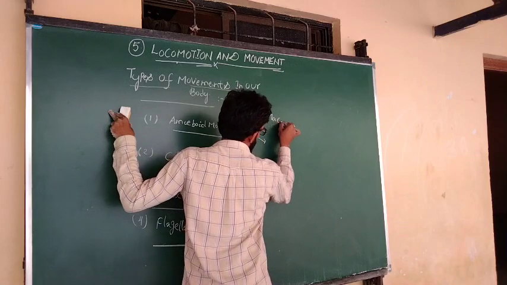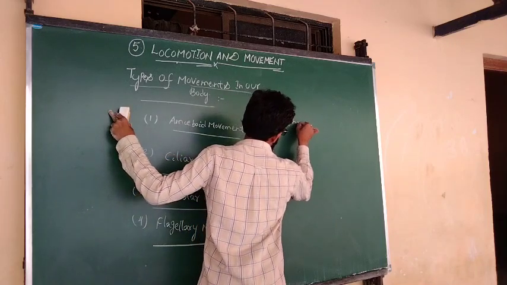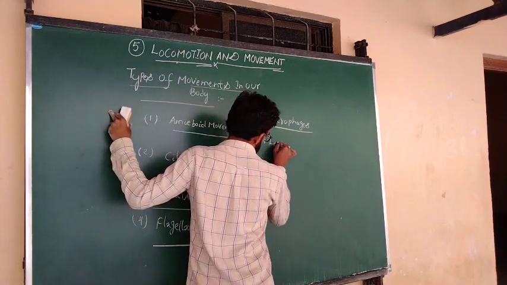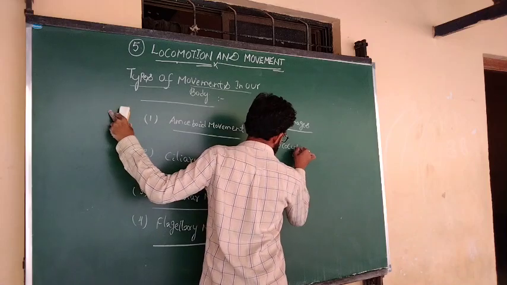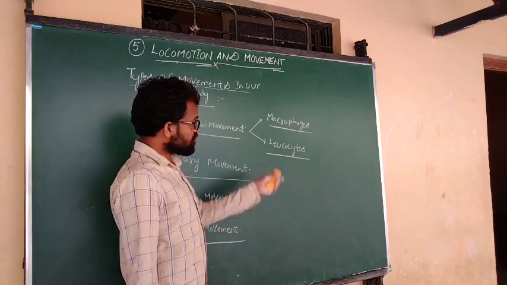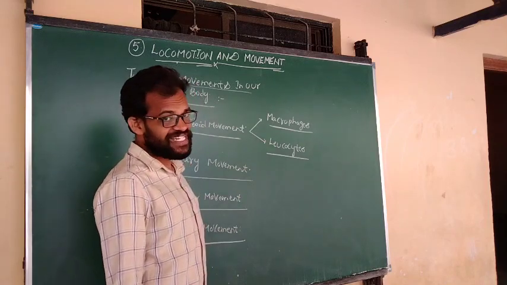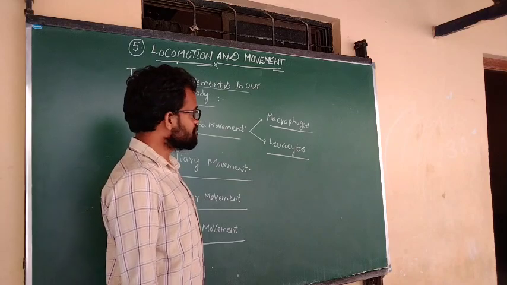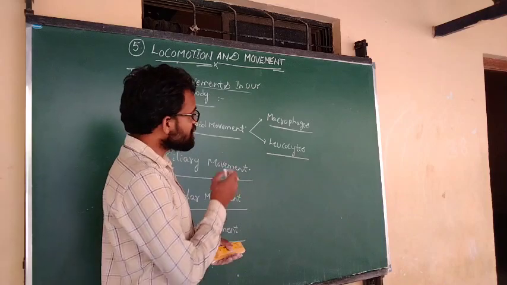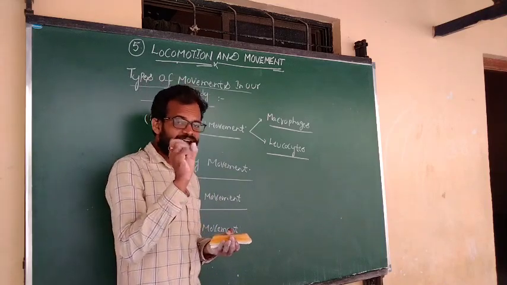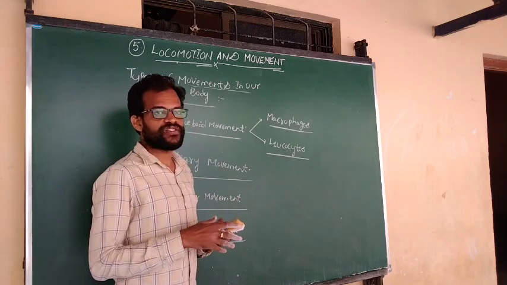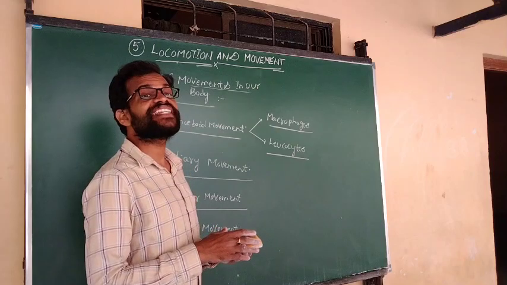Macrophages are large cells present in our blood and in different types of tissues. What is the function of the macrophages? They engulf foreign material. They engulf the antigens and fight against the antigens. They act as phagocytic in nature.